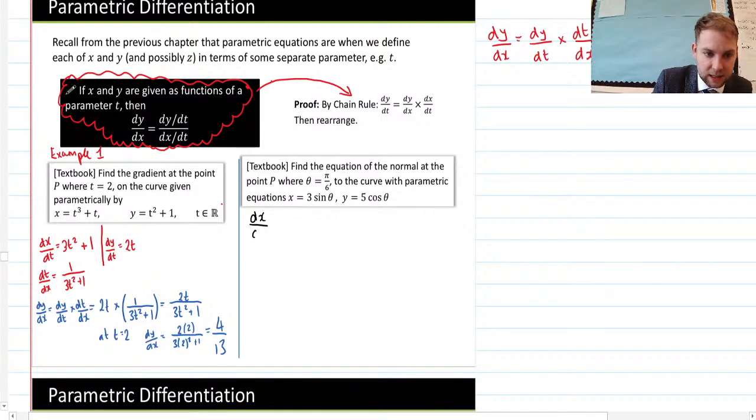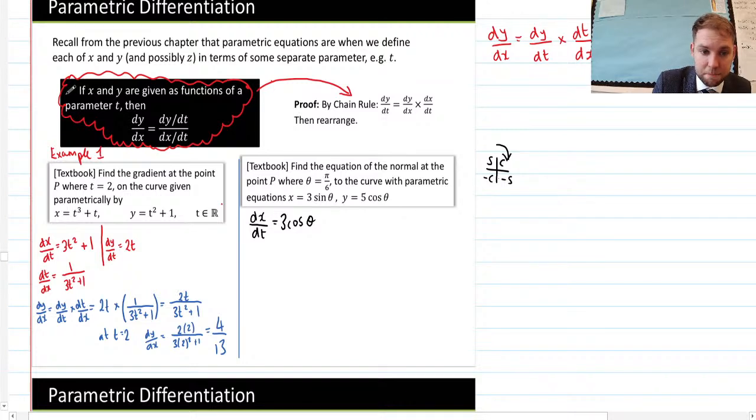So dx by d theta is equal to, now I always draw the little sine, cos, minus sine, minus cos, and we're differentiating, so we're going this way around. I know that sine differentiates to cos, so this is going to be equal to 3 cos of theta.